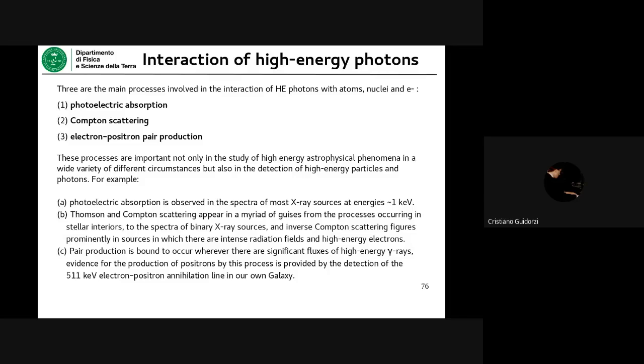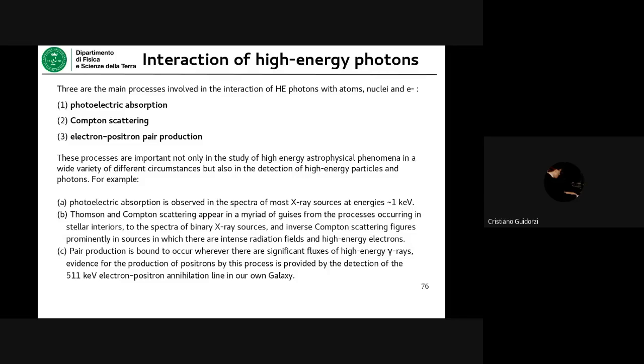And particularly in environments with an intense radiation field and a lot of ultrarelativistic electrons, some photons are so-called upscattered. Their energy is increased significantly, and we clearly see this effect within the spectra, so the energy of the photons as a function of frequency.